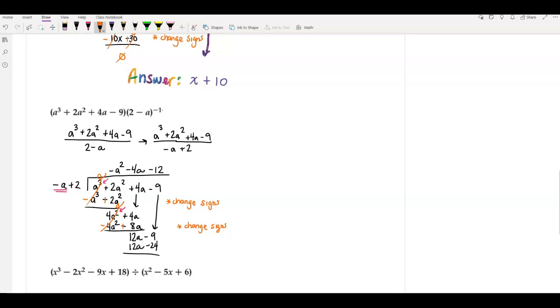Once again, for the last time in this problem, we're going to change signs. So negatives become positives, positives become negatives, these cross out, but now I have negative 9 plus 24, which gets me 15. This is the first example that we actually do not have a 0, which means this right here is what we call a remainder.